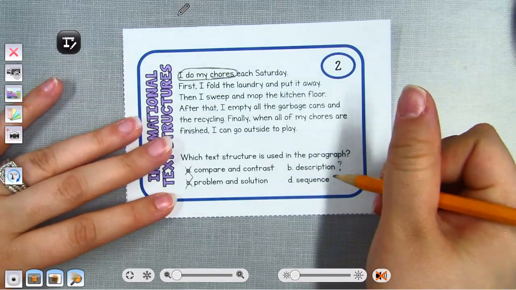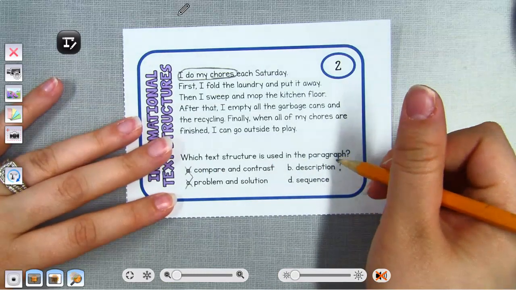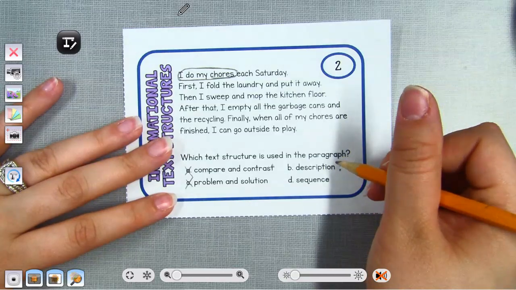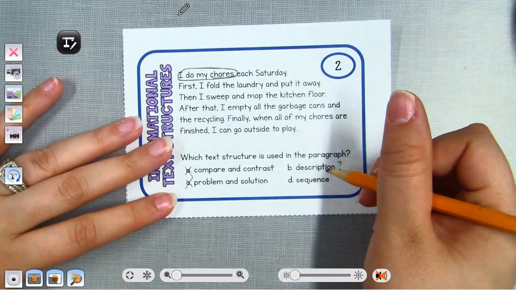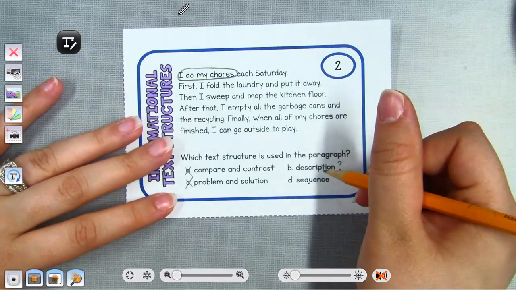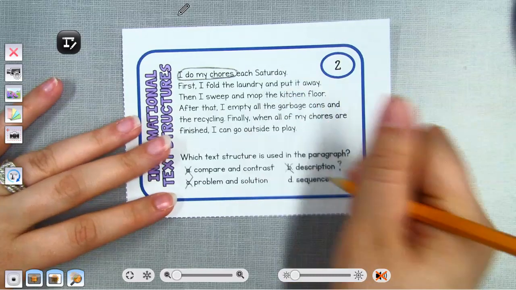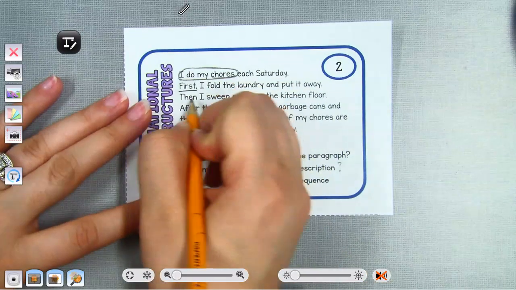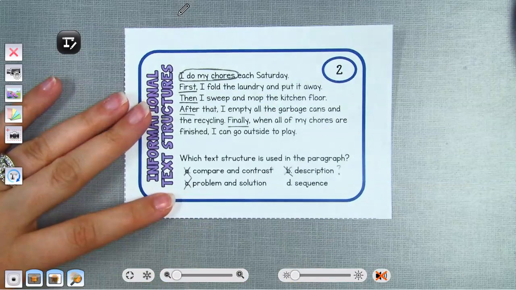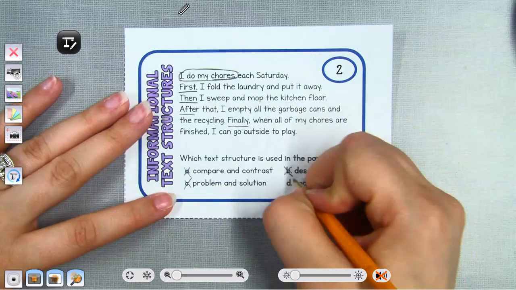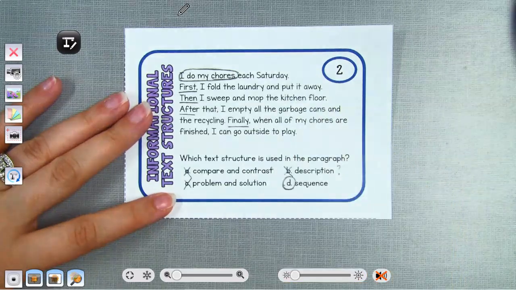Let's look at sequence. Description provides details or characteristics about a topic. Is it giving us details about chores? No. Sequence, yes, because look, I have the words first, then, after, finally. So it's talking about all the chores she's doing and the order that she did them in. So D is our answer.